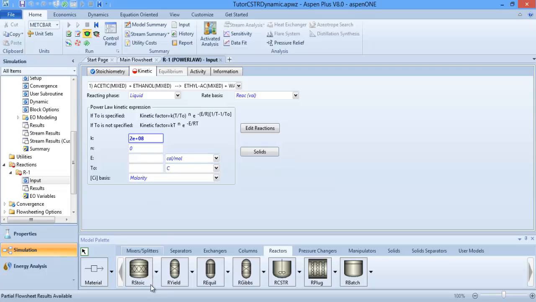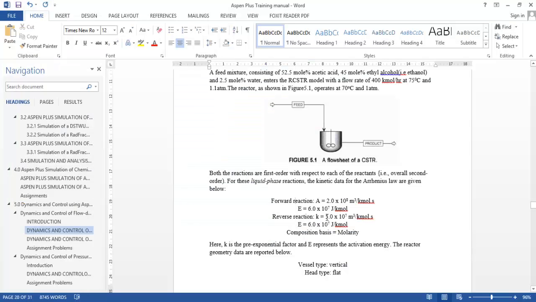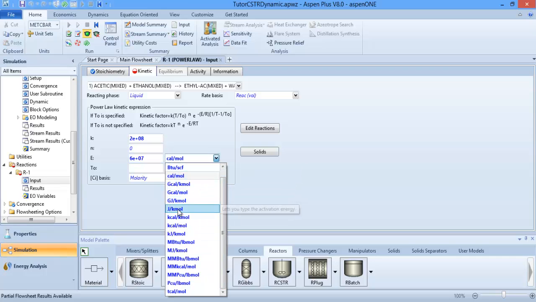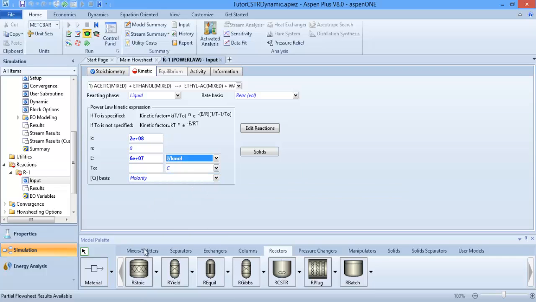For the activation energy, 6 times 10 to the power 7, 6E7, in joule per kilomole.